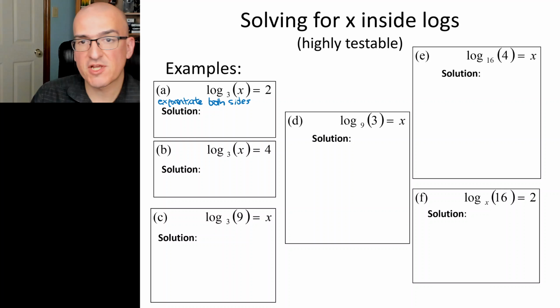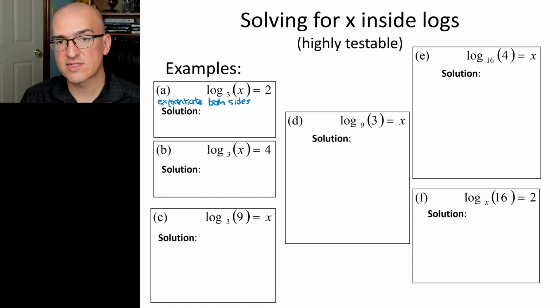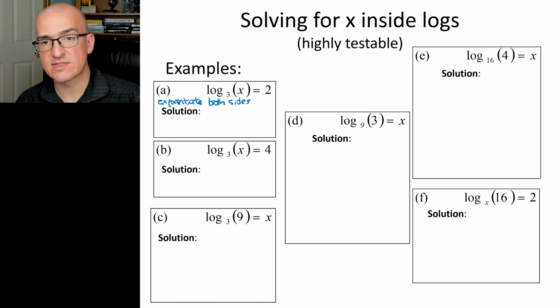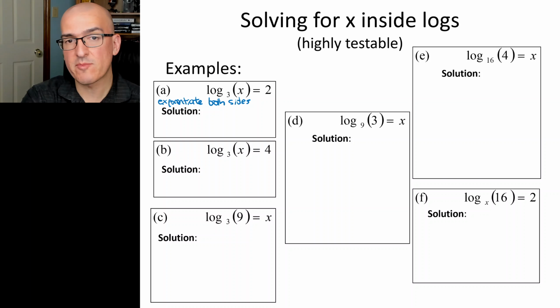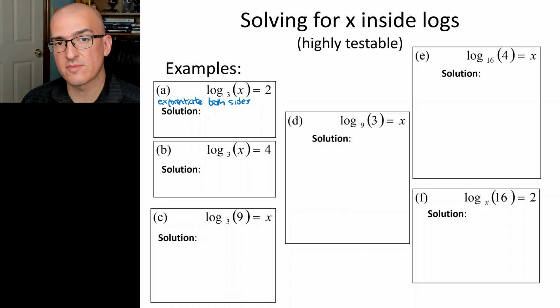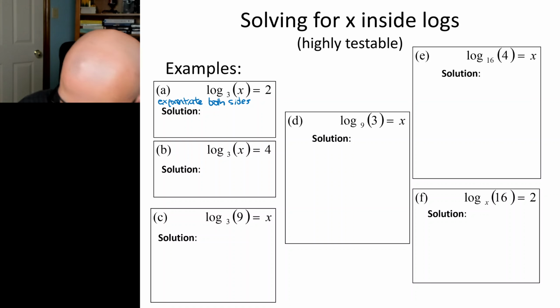When we do exponentiation, we say some number to the power of the left-hand side is equal to that same number to the power of the right-hand side.